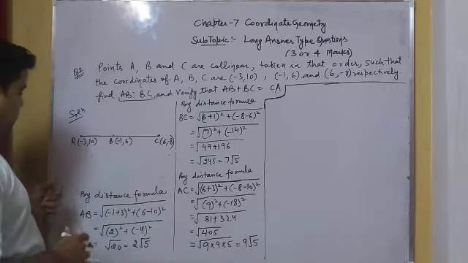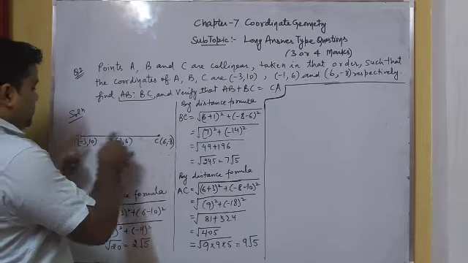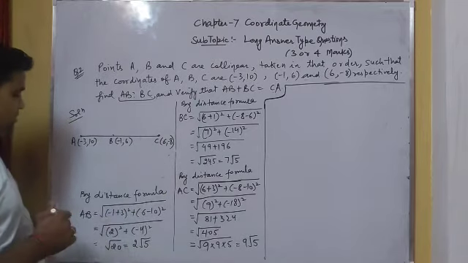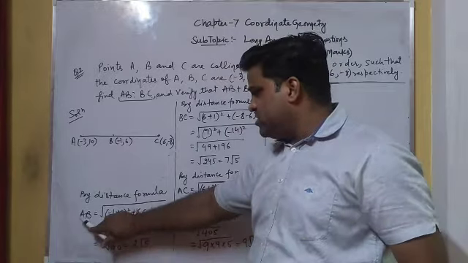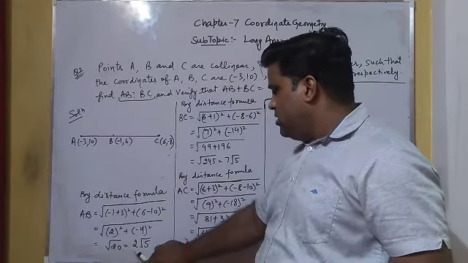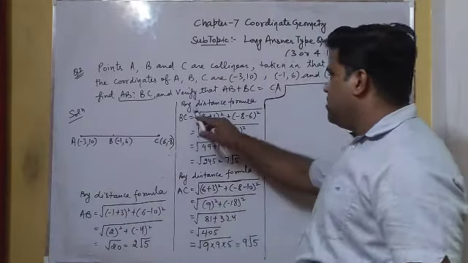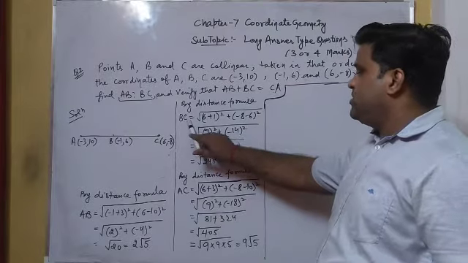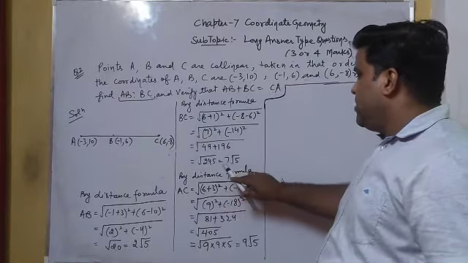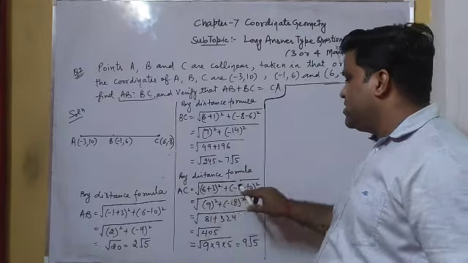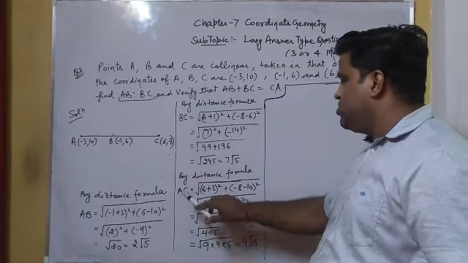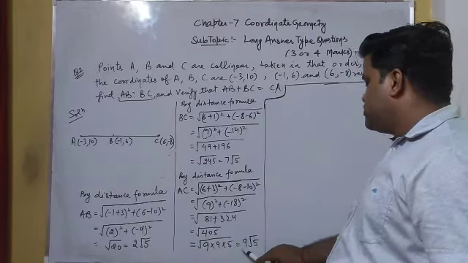So here by the distance formula we can find the distance between AB, BC and CA or AC. On applying the distance formula, we get the distance between A, B is 2 root 5 after solving. Similarly, by the distance formula we get the distance BC is 7 root 5 after solving. Similarly, we get the distance between AC or CA as 9 root 5 after solving.